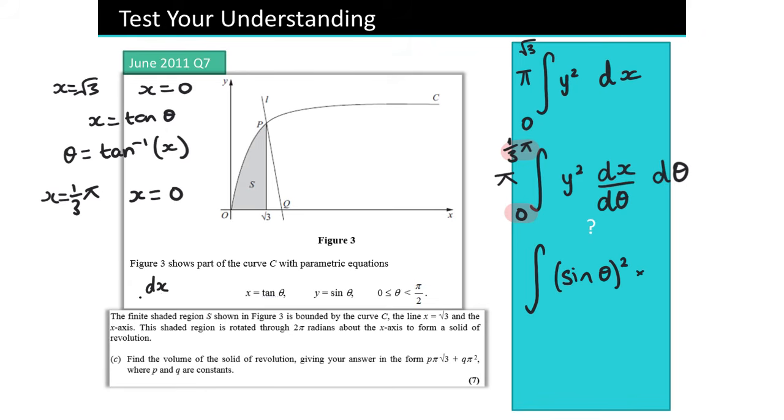So dx by d theta, tan differentiates to sec squared. Please make sure, so this now becomes times sec squared. Okay, now this is all with respect to theta, but technically dx, okay? So this is between a third pi and 0.